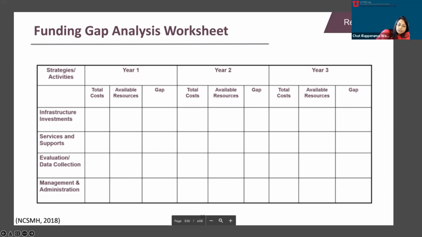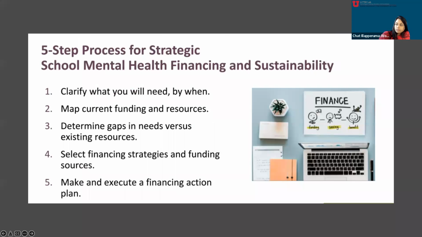After you identify these, you want to select a financing strategy. Something you can do is work with your school or your district's business office. Now that you've collected data through steps 1, 2, and 3, you could work with them to identify some feasible financing strategies.